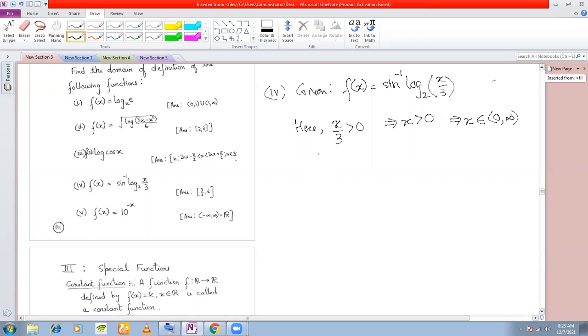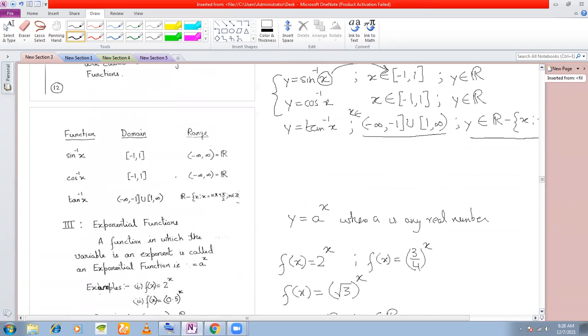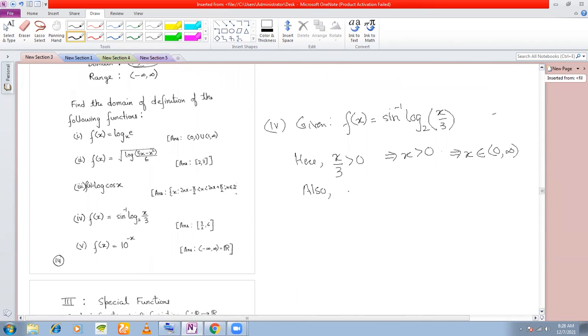Also, sine inverse of log x by 3. Now, if you remember the domain of sine inverse, what was the domain of sine inverse? It lies between -1 and +1. So that means this log x by 3 to the base 2 must lie between -1 and +1, right? This entire thing within the sine inverse must lie between -1 and +1, because that is how the domain of sine inverse is defined.